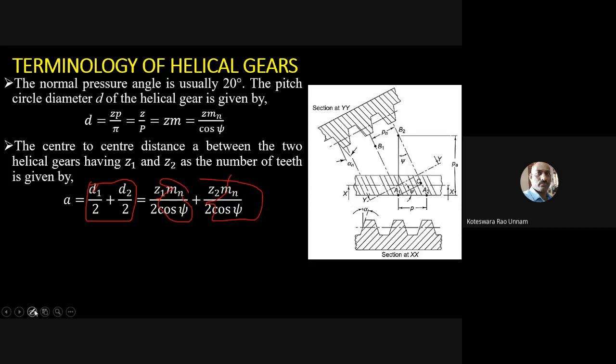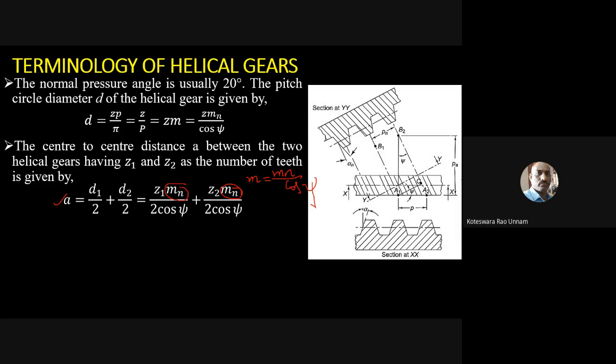So this is the expression for the center distance of a helical gear. Earlier you had only m here, which you can take out as common, but now you have mn by cos phi, because the relation between m and mn is m is equal to mn by cos phi. In case of spur gear, you have only Z1 plus Z2 into m divided by 2. So that's what you need to take.